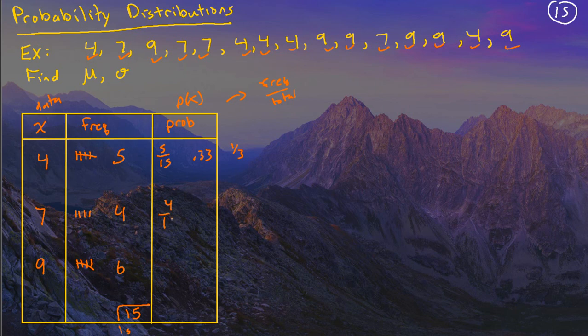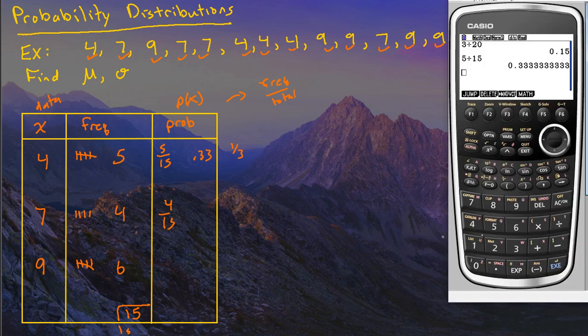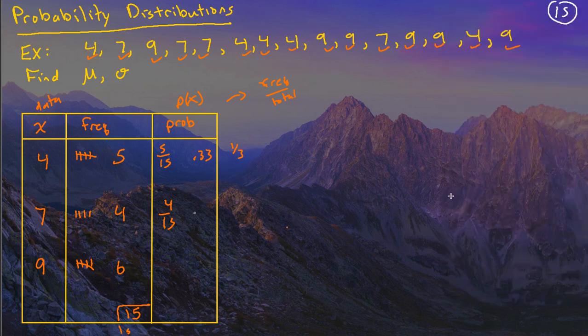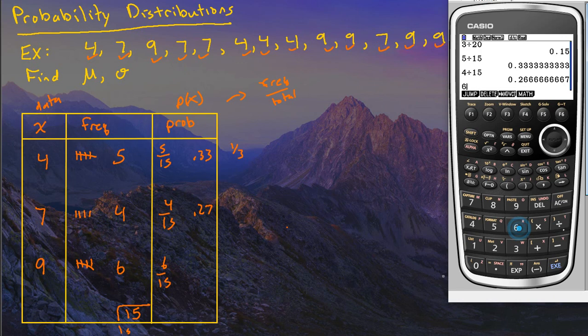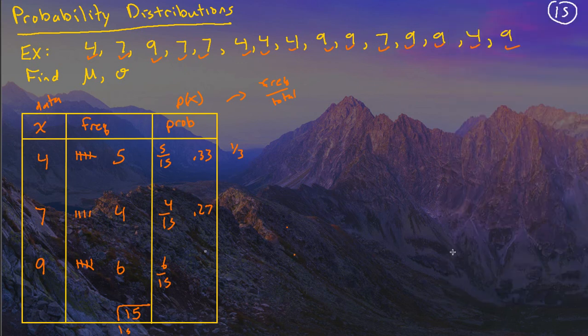Next one would be 4 divided by 15, and I get another repeating thing. I could leave it as 4 over 15 if I wanted, but 0.27 rounded. And then 6 over 15, and I get 0.4. So that one came out nice.